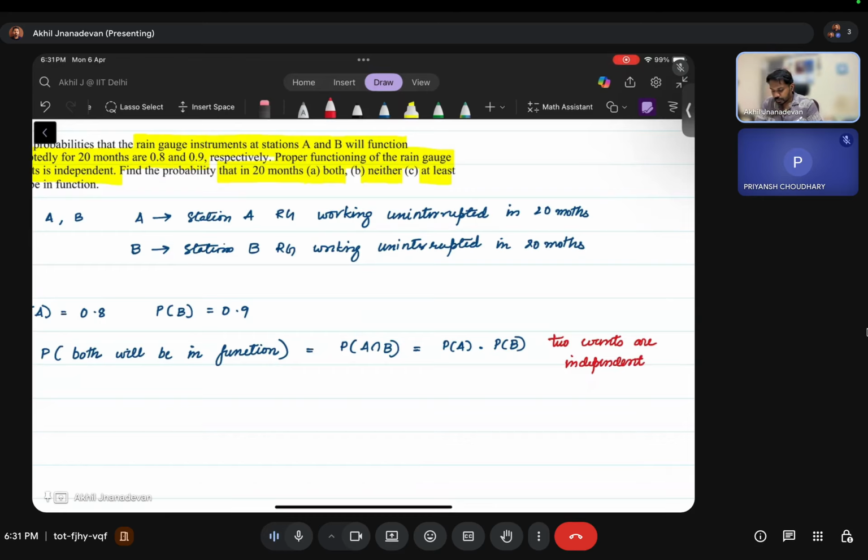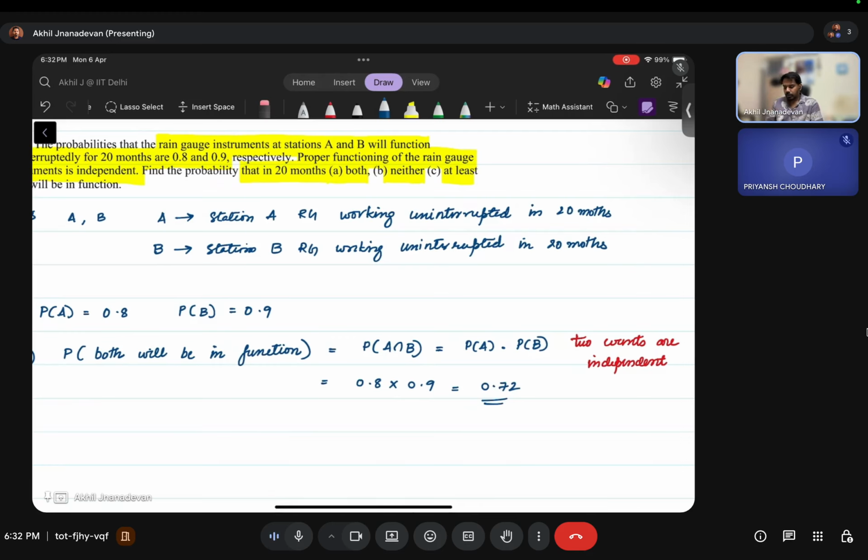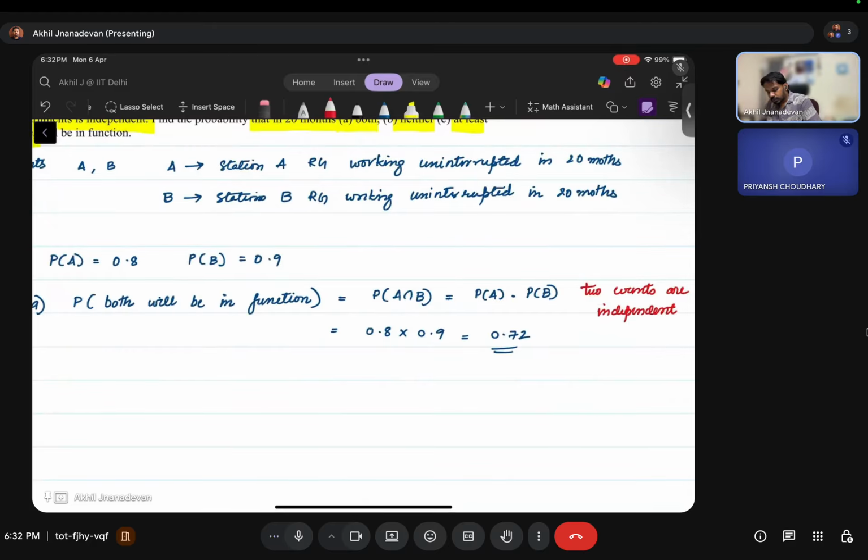We already know P of A and P of B, so we just multiply 0.8 into 0.9, which equals 0.72. So the probability that both will be functioning is 0.72. What you need to remember is that P of A intersection B equals P of A into P of B when the events are independent.